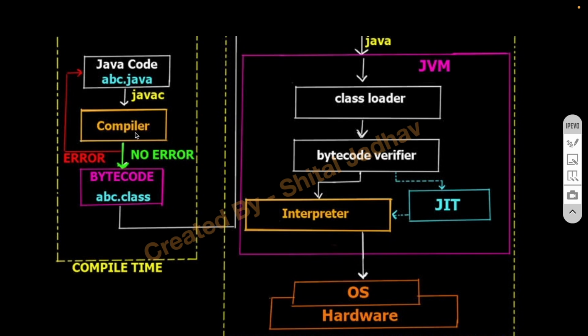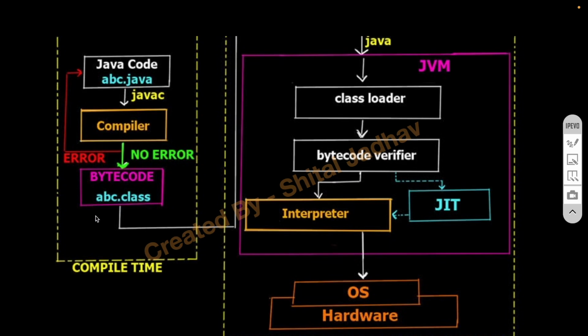If there is no compilation error, meaning there is no syntactical mistake, then the bytecode will get generated. Bytecode means our .class file. But if there are any syntactical mistakes, then this .class file will not get generated. Again you need to go to your Java code, write the correct code, remove that syntactical mistake and compile it again. If there are no syntactical errors, then the .class file will get generated.